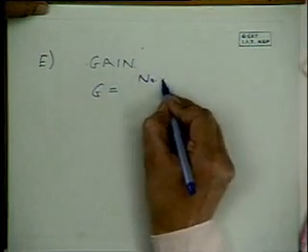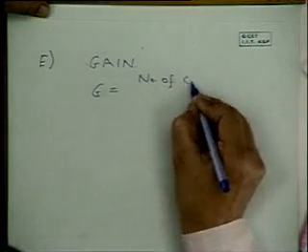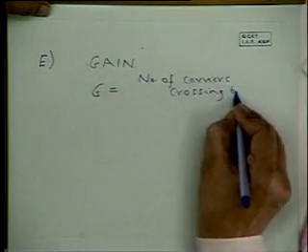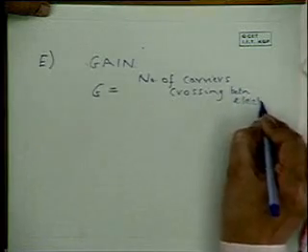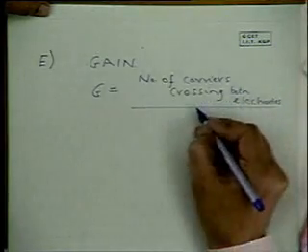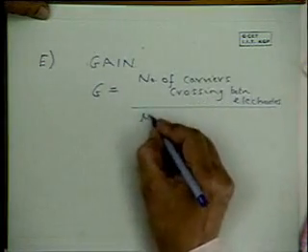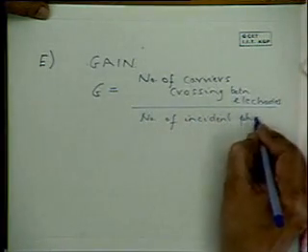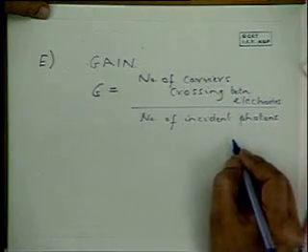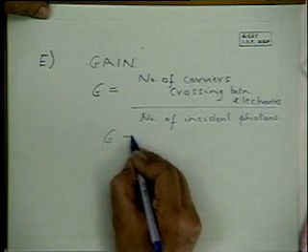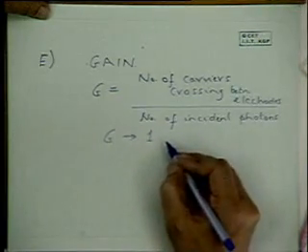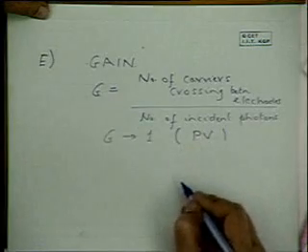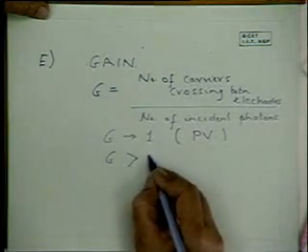Gain is the number of carriers crossing between electrodes to the number of carriers generated, and you would think that this gain for many detectors would tend at best to 1, say for photovoltaic detectors. But in many cases, G can be greater than 1.